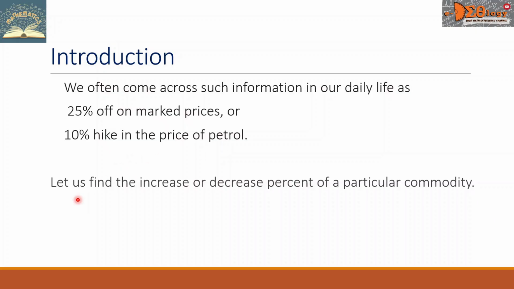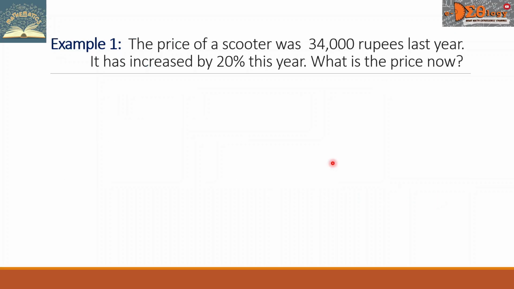In this video, let us find the increase or decrease percent of a particular commodity. Let's have example 1. The price of a scooter was 34,000 rupees last year. It has increased by 20% this year. What is the price now?